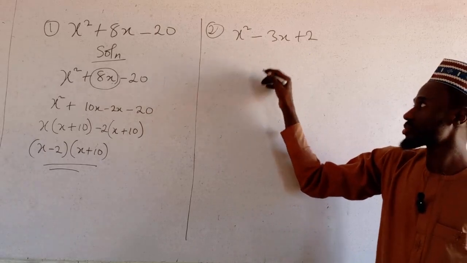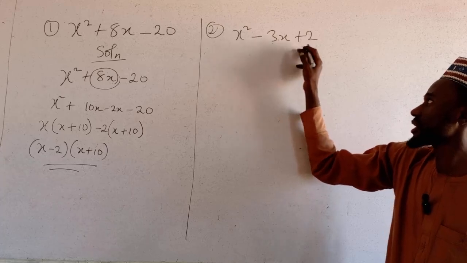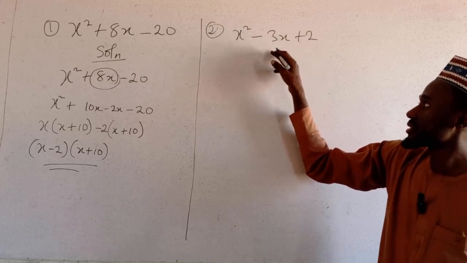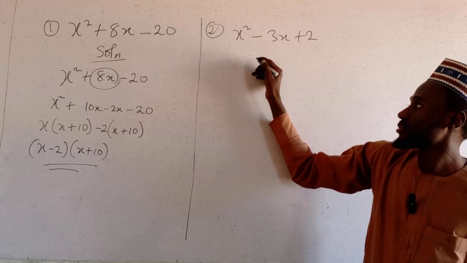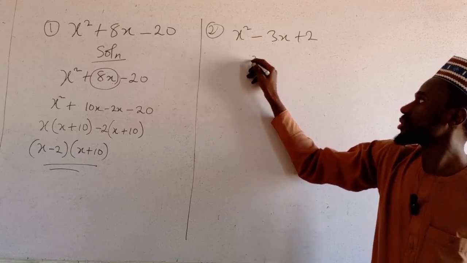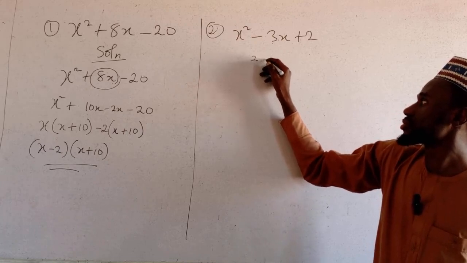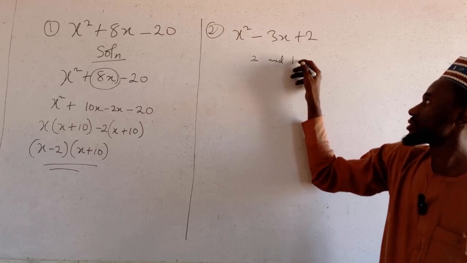As we know in the first one, we are finding the multiple of two numbers that gives 2, and when adding the numbers you also get 3. What is the multiple of these numbers? Let's say we have 2 and 1. 2 times 1 here is 2.